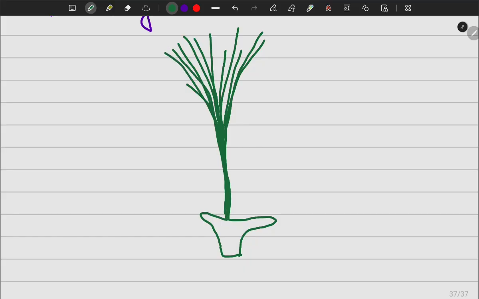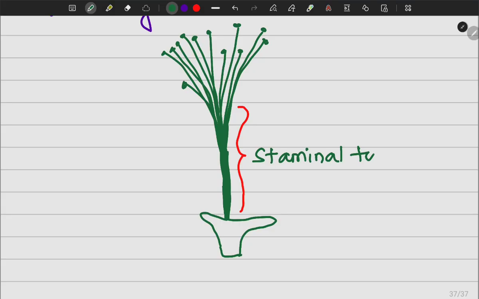So indefinite stamens. The upper part of stamen are the anthers, right? So only the upper parts will be separate, but the filaments of these stamens are present in the form of a long single filamentous tube, which is called the staminal tube. Alright, so I hope staminal tube is clear to you.